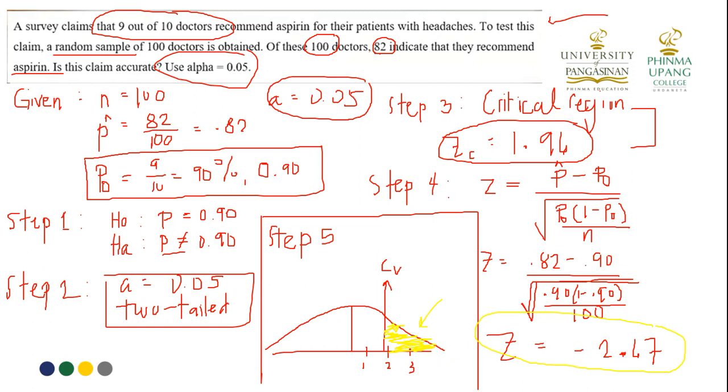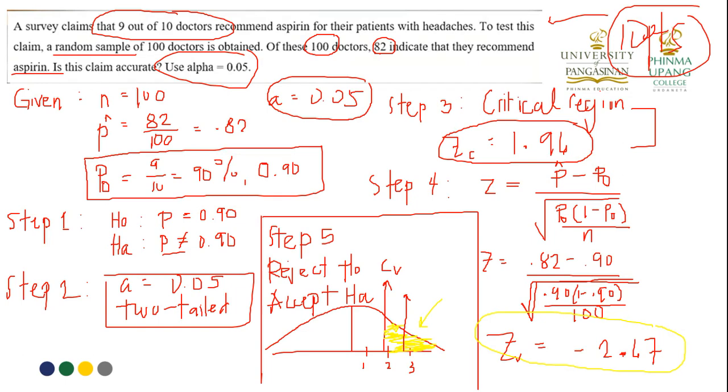So, 2.67 is nandito, approximately nandito. So, since the Z value falls under the rejection area, meaning reject HO natin. So, reject ko si HO. Accept natin si HA. Yan. So, may 10 points ka na if nakuha mo yung problem. Okay?